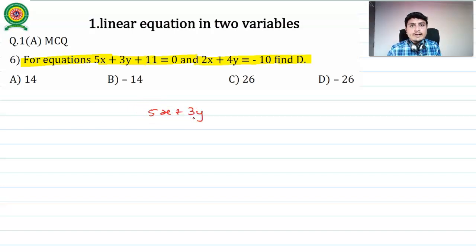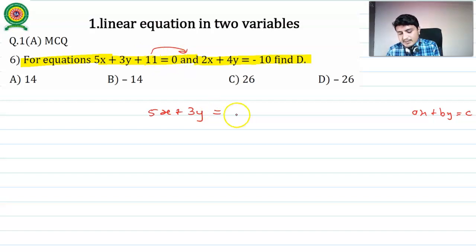Try to convert it in terms of the general form of linear equation in two variables, that is ax plus by equals c. That means we require the constant towards RHS and variables towards LHS. So our target is to shift here 11 from LHS to RHS. So positive 11 becomes 0 minus 11, that is minus 11. That is our equation number 1. And the second equation of the form 2x plus 4y equals minus 10. Call it equation number 2.